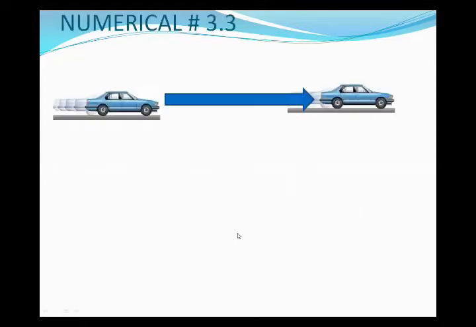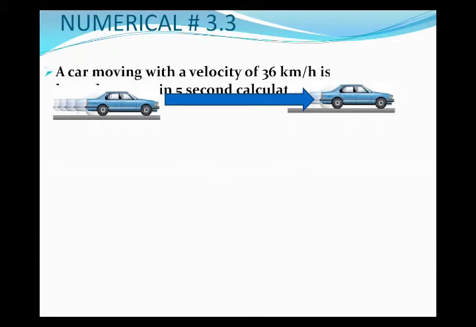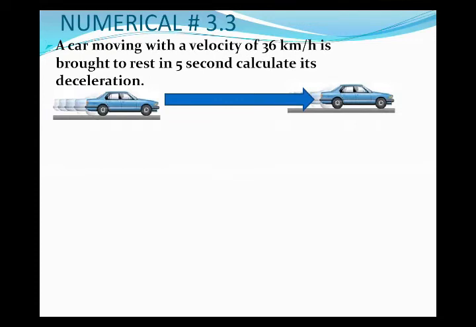Now, first of all, we are going to start numerical 3.3. In this numerical, the question is: a car moving with a velocity of 36 km per hour is brought to rest in 5 seconds.